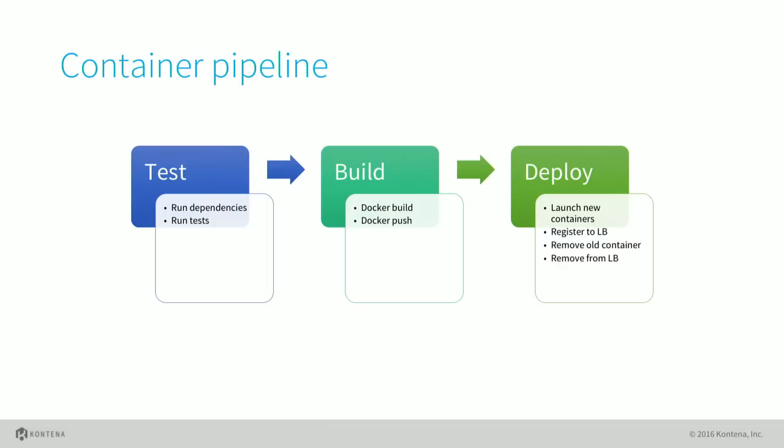You have to typically register them to load balancing, remove old containers, and then configure the load balancing so that the old containers wouldn't get any traffic anymore. Those are really things that you want to automate because nobody nowadays wants to configure anything manually anymore. And that's basically where Kontena comes into the picture.